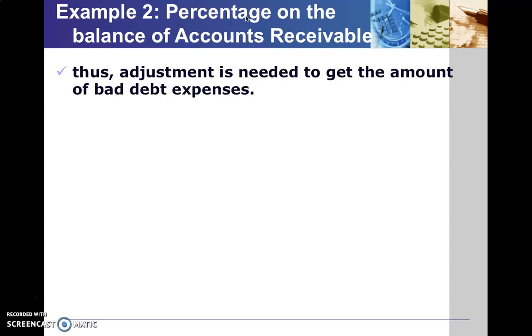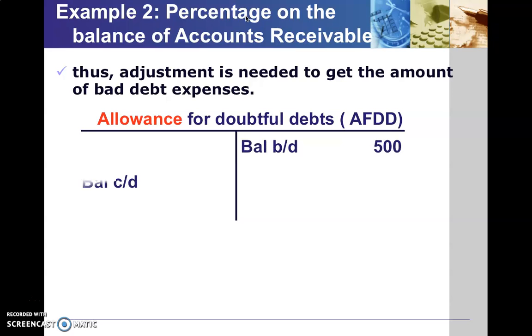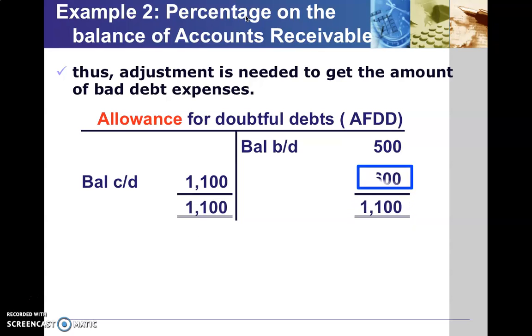This adjustment is needed to get the amount of bad debt expense. We do a T account for allowance for doubtful debt, AFDD. Balance brought down 500. Balance carried down 1,100. The difference, 600, is the bad debt expense. This is a missing figure.